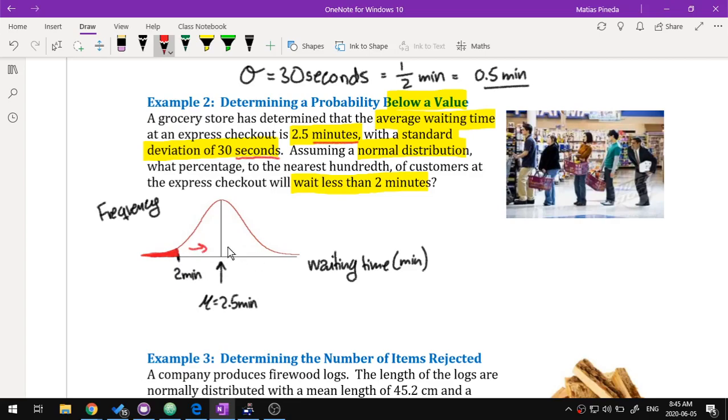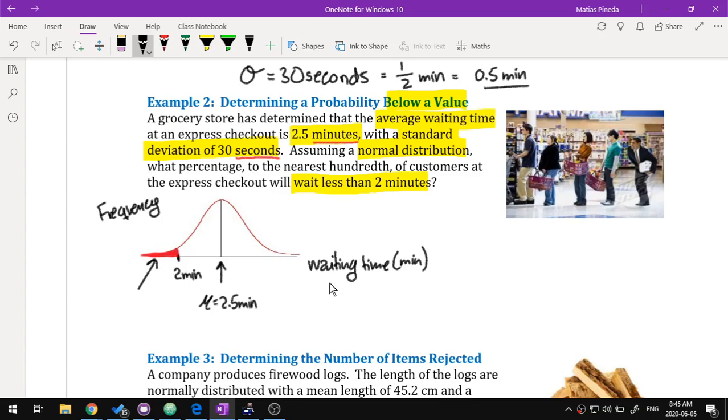And if you are to the right of the average, somewhere over here, it means that you would be waiting not just more than 2 minutes, but also longer than the average wait time of 2.5 minutes. So what we're doing here is identifying which part of the region under the normal curve we want to determine the area for, and that is the part to the left of 2 minutes.